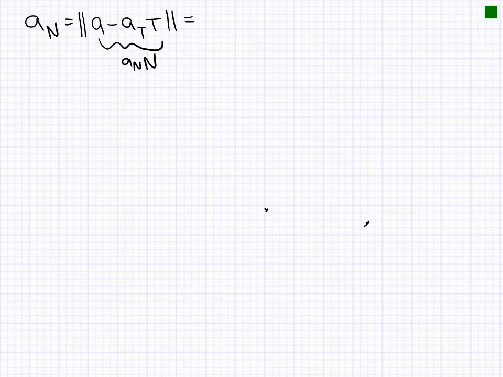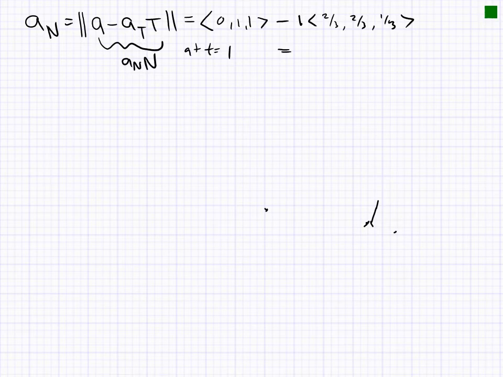And so looking at this again at t equals 1, it is going to be, well, a was the vector 0, 1, 1, minus a sub t was 1, times T at 1 was 2/3, 2/3, 1/3. And so doing that computation, this multiplied in is just going to be negative, negative, negative. And then we add the two vectors together. So 0 minus 2/3 is going to be minus 2/3.